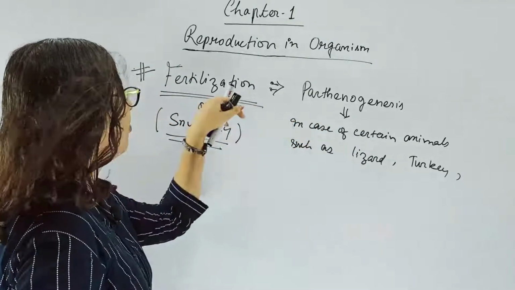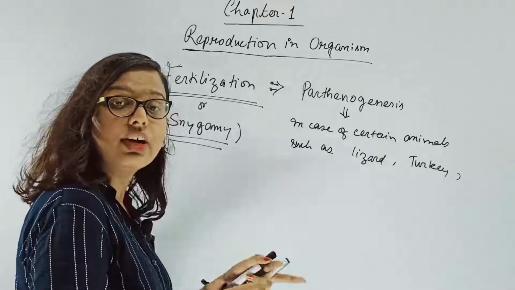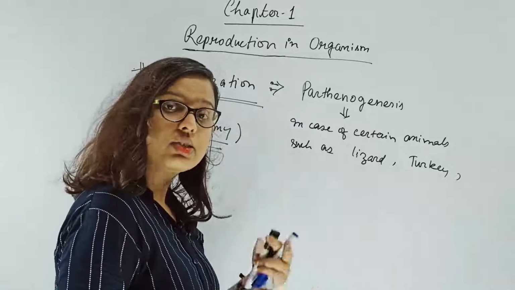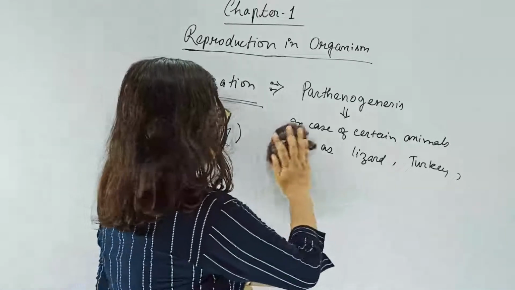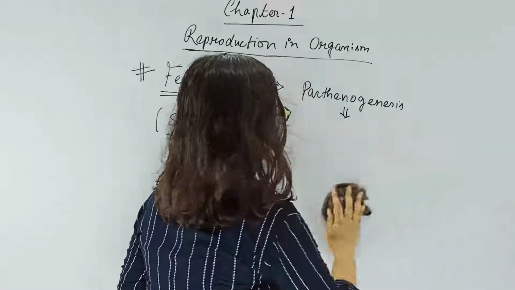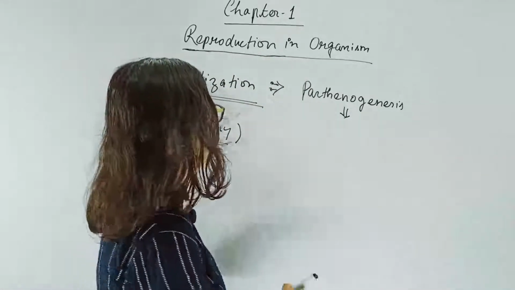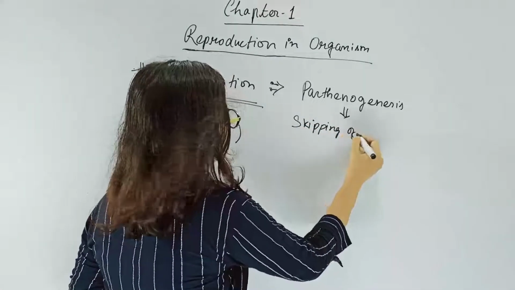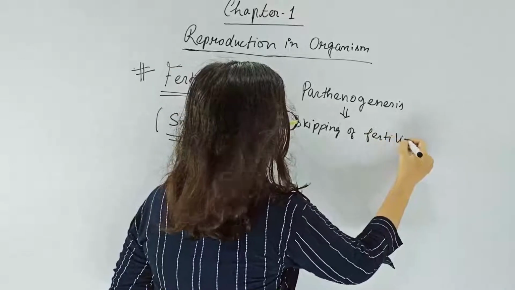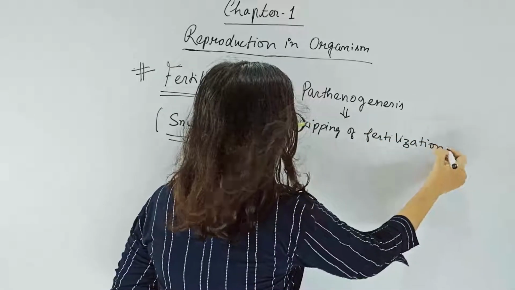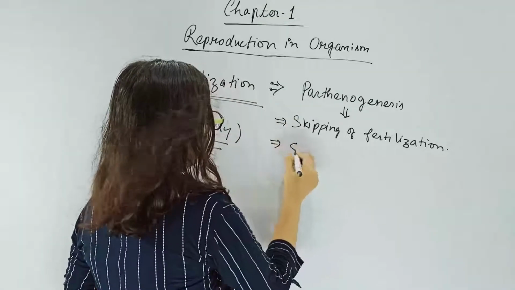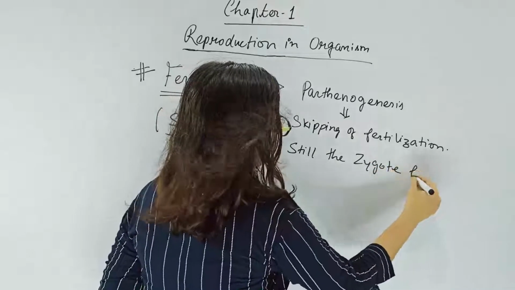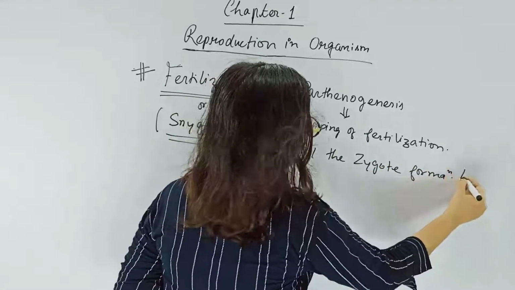Parthenogenesis is what? The skipping of fertilization. There is no fertilization there. For the formation of zygote, there is no need of fertilization. So parthenogenesis is skipping of fertilization, still the zygote formation happens.